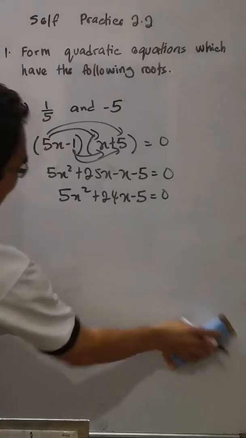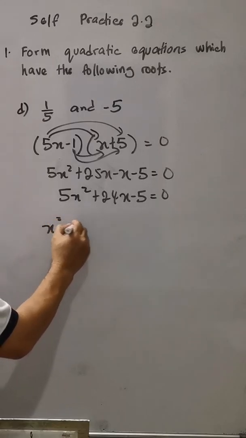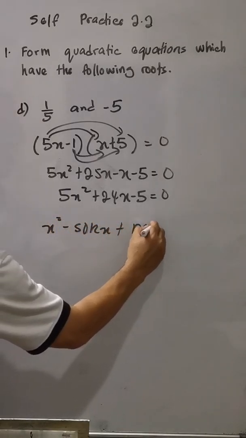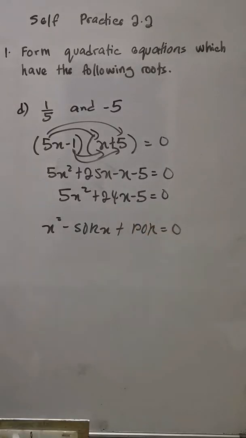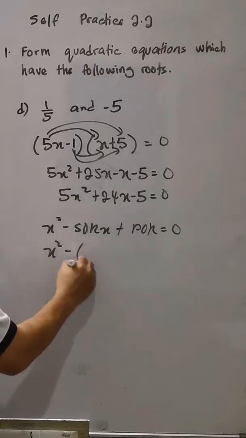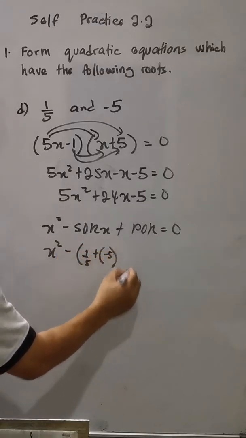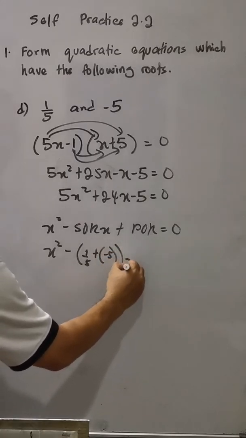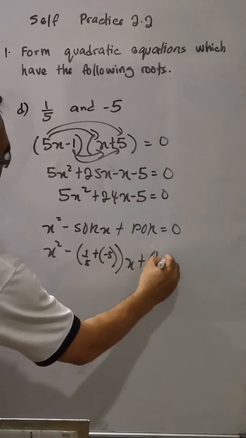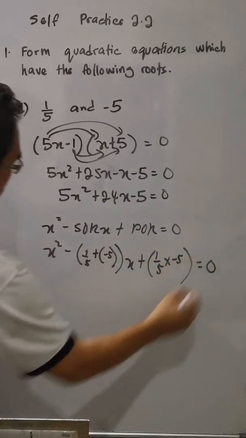Okay, so method 2, using the formula: x squared minus sum of roots x plus product of roots equals 0. So x squared minus the sum, which will be 1 over 5 plus negative 5, x, plus the product, 1 over 5 times negative 5, equals 0.